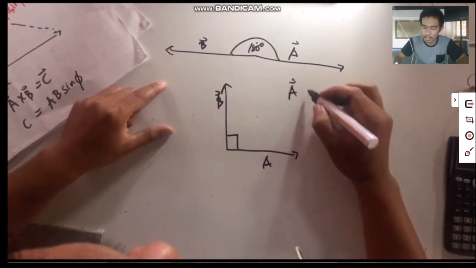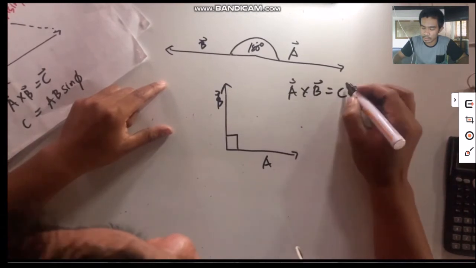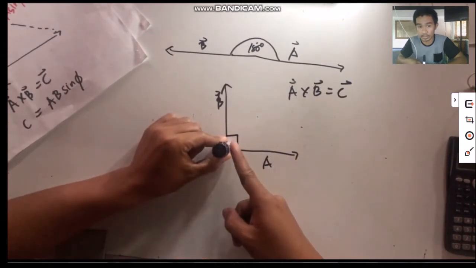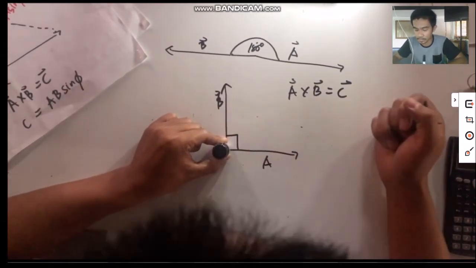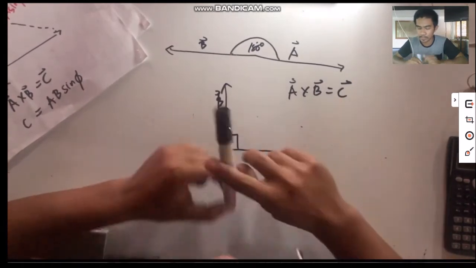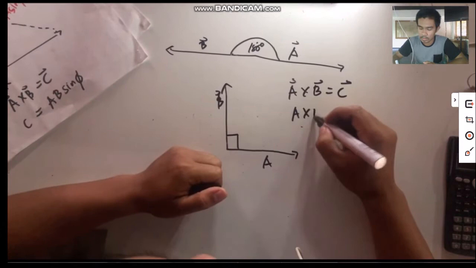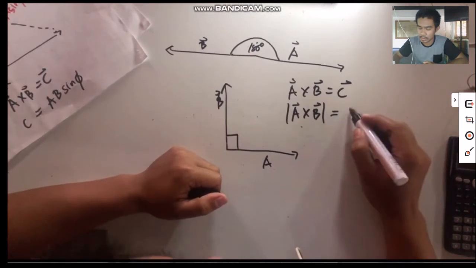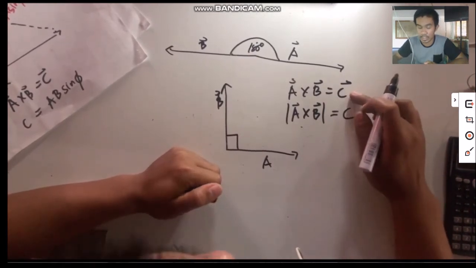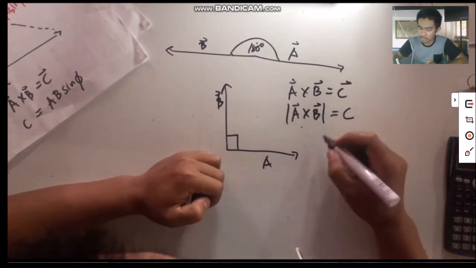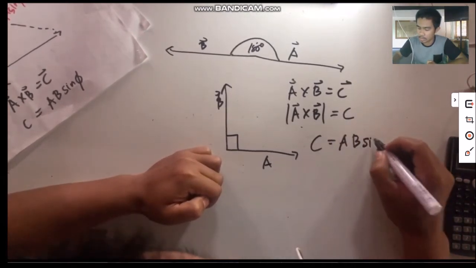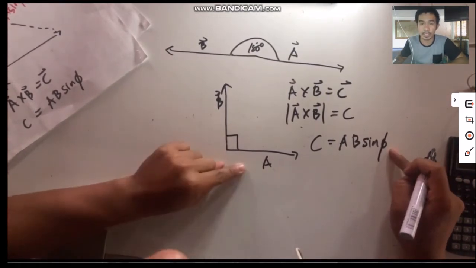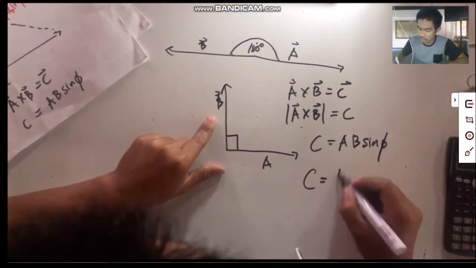If vector A cross vector B equals vector C, then vector C is perpendicular to vector A as well as vector B. What will be the magnitude of vector C? It is defined as AB sine phi, where phi is the angle between vector A and vector B.